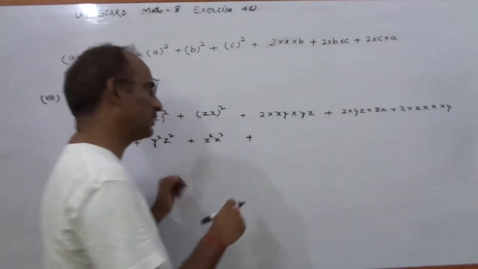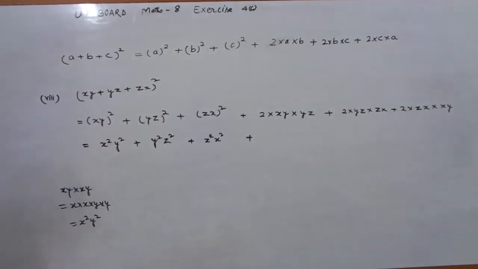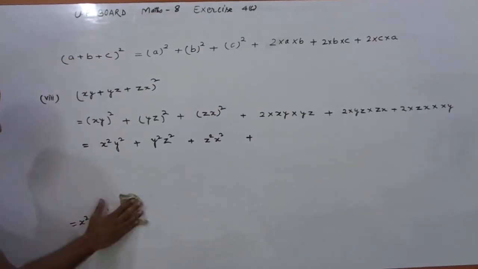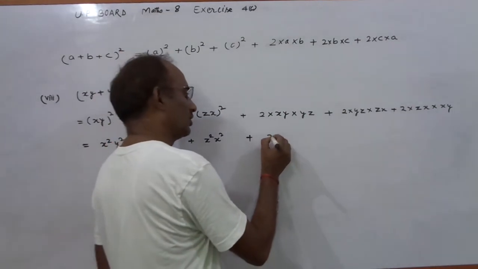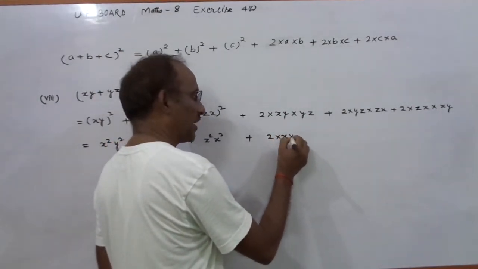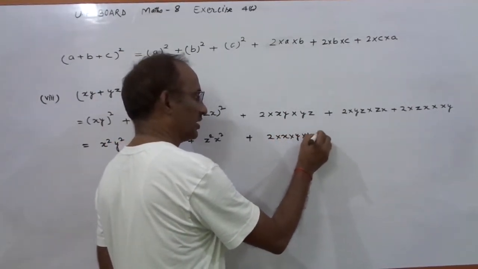In this step, we have to write 2 into x into y into z.